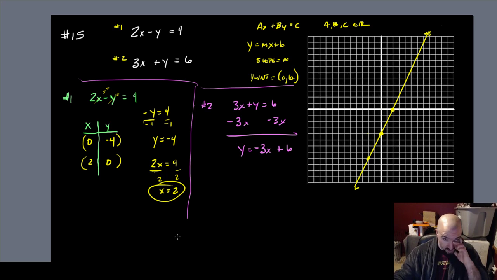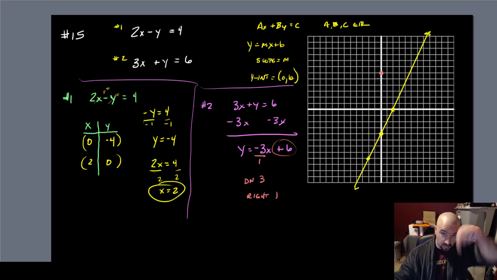Now it's in the format of the slope-intercept form, so we can read the slope, which is negative 3 over 1, and we can also read the y-intercept, which is 0, 6. So 1, 2, 3, 4, 5, 6. And if I read the slope, it says down 3 and to the right 1.